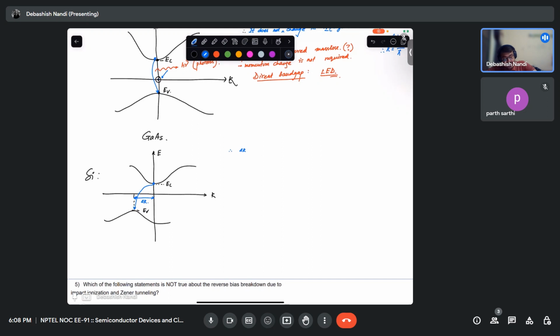That change in momentum is conserved by some particle which can absorb the momentum change, for example, phonons.